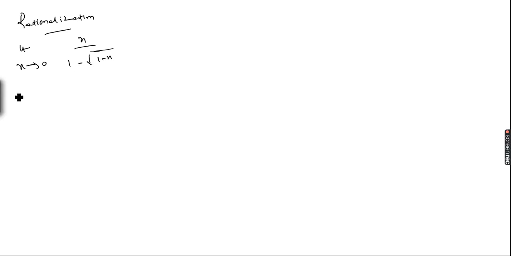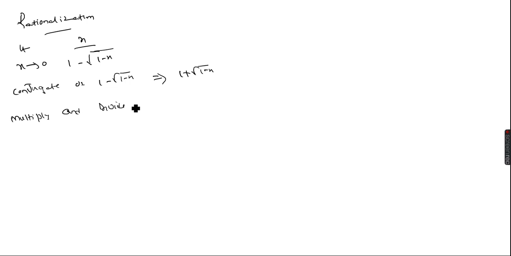So the conjugate of 1 minus root of 1 minus x. So this is nothing but, if we have a minus, we write it as a plus. So therefore, multiply and divide by the conjugate, 1 plus root of 1 minus x.